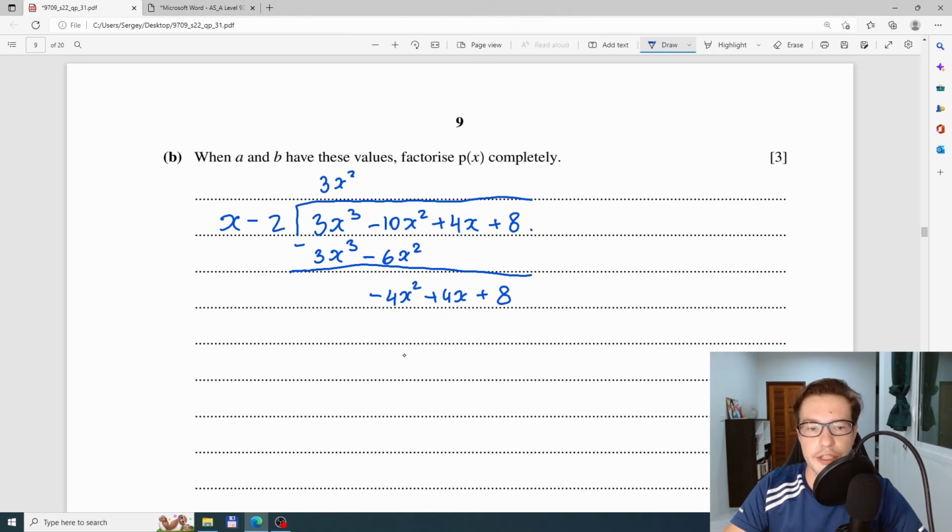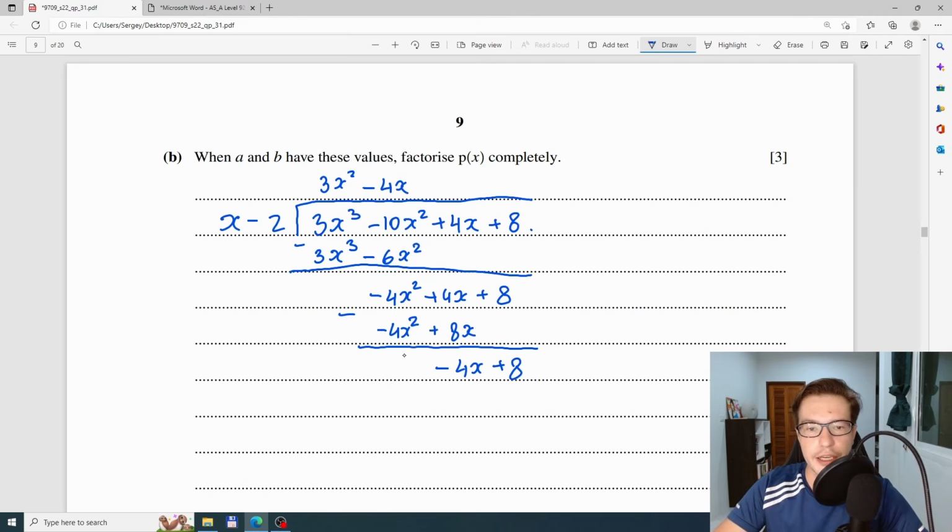Again, look at x minus 2. I will have to multiply it by minus 4x, so I can get minus 4x squared. When I do this, I get minus 4x squared plus 8x. Subtract. X squared cancels out. 4x minus 8x becomes minus 4x plus 8.